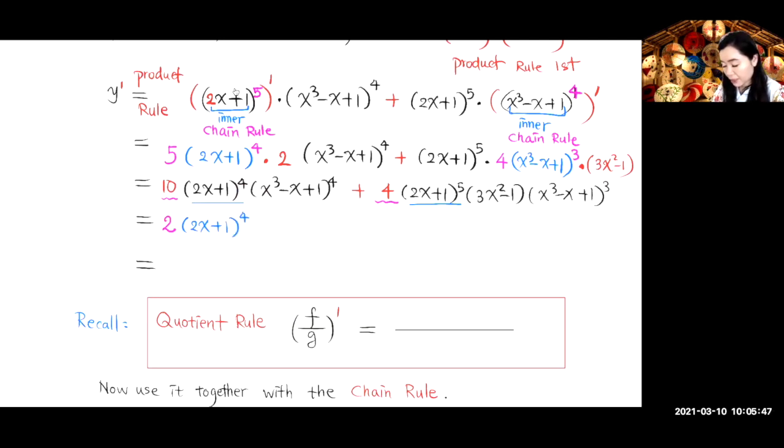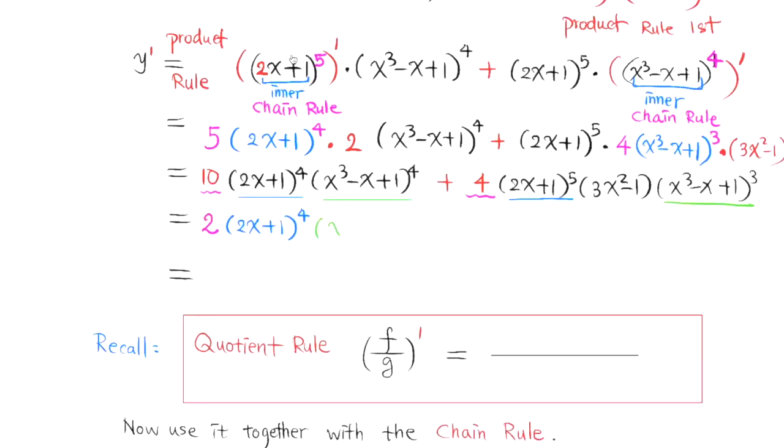And what else? I also have x cubed minus x plus 1 to the 4 power and this one to the 3rd power, so I take x cubed minus x plus 1 to the 3rd power. I take the lower power because it has to be common to both of them.